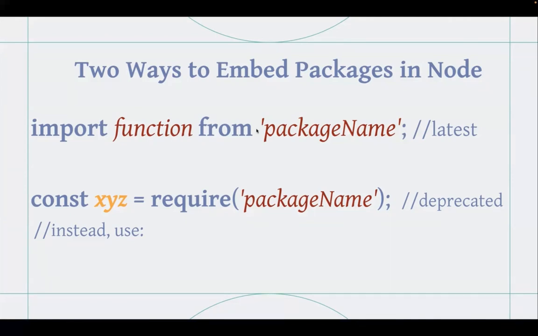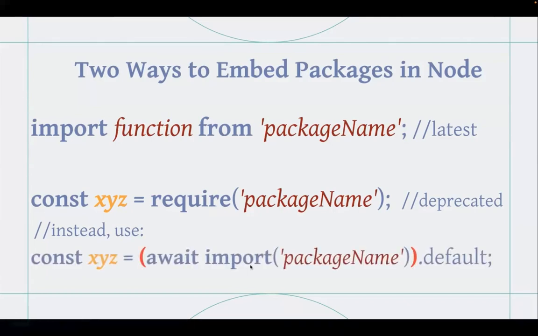So this is more efficient, right? So we are going to try to avoid using require. However, some packages, when they were created originally, were created using require. So we need to use await import, right? If we use await import, we are going to be able to keep using packages that use the require method.